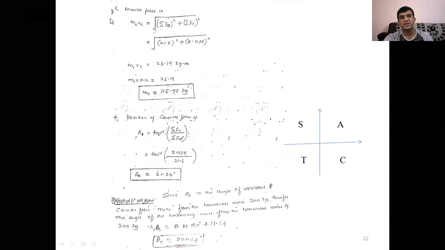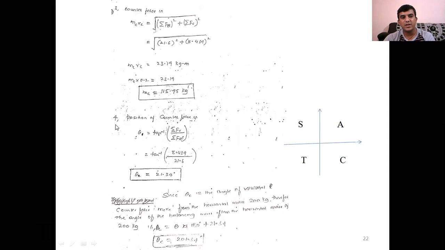The counter mass force Fc is equal to Mc Rc, that is equal to the vector sum, so square root of summation of FH, the vector sum of all the forces in the horizontal direction, squared plus summation of FV whole squared. Now we substitute the given Rc value, and we get the Mc value as 115.95 kg.